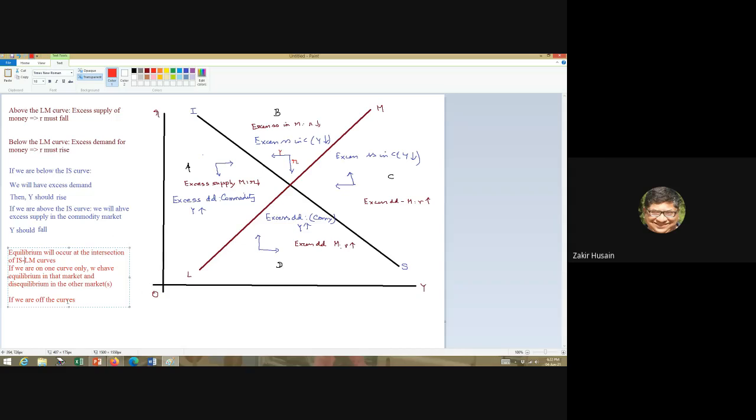And if you're off both the curves, we are at disequilibrium in all the three markets.